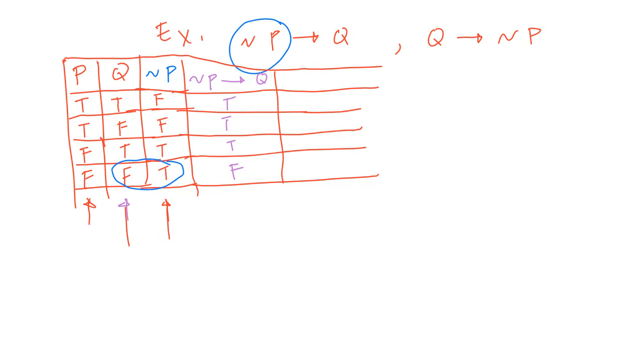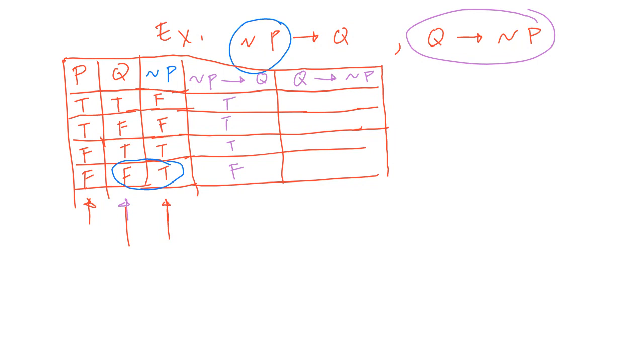So next, we're looking at the other statement. It says Q conditional not P. Or you can say if Q then not P. Okay. So what would be the column that we are looking at?